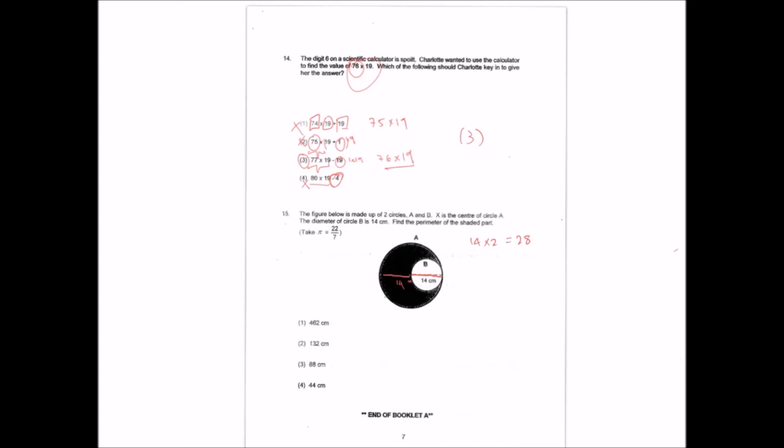Alright, so the circumference of A is pi times its diameter. So pi d, you have to find that because it is included in the perimeter, which is asked in the question.